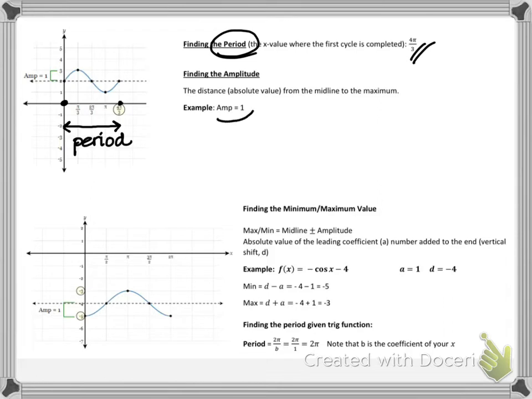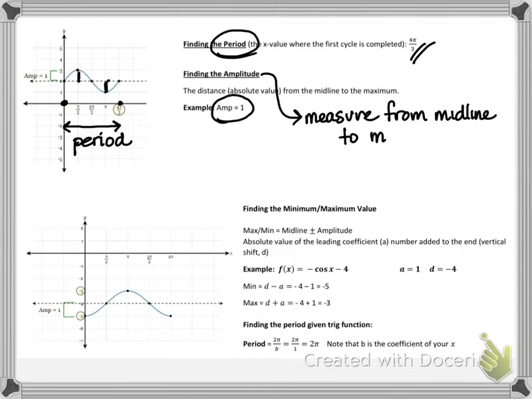Here they were telling us the amp is 1. Why? Well, the distance from the midline to the max and the midline to the minimum is going to be 1. So that's your amplitude. So amplitude is always going to be the distance from midline to max, midline to minimum, okay? So always measure from midline to the max and then to the min.